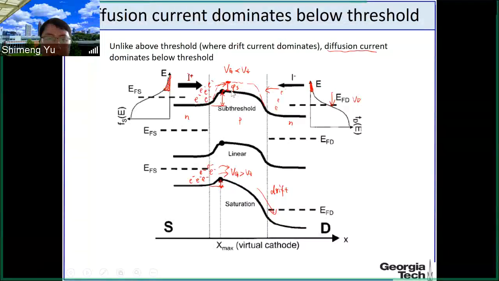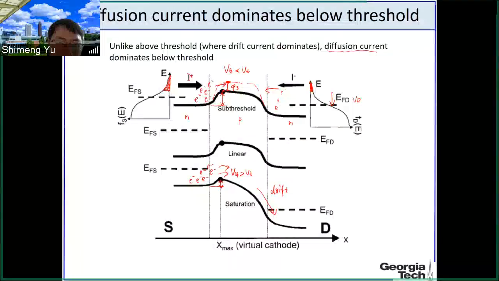You can imagine that if you have more bending, then this shaded region will be exponentially larger, because this is an exponential function. So basically this phi s determines this exponential function.